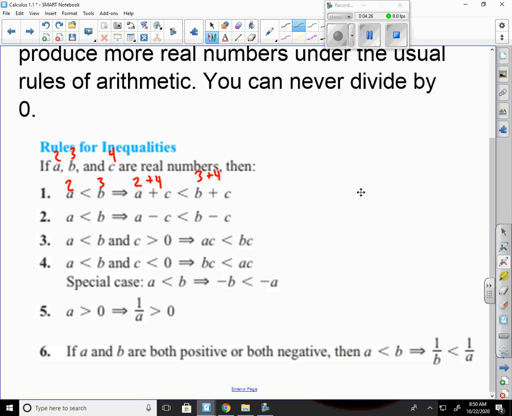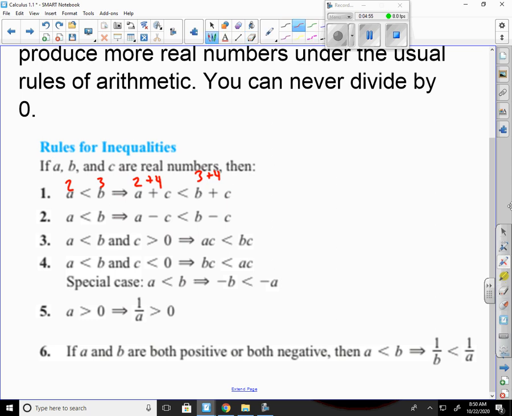Number 4, if A is less than B and C is less than 0, then B times C is less than A times C. Why would that be true? The reason that would be true is because C would have to be a negative number. So say that I'm changing my A, B, and C now so that the numbers are less than 0.